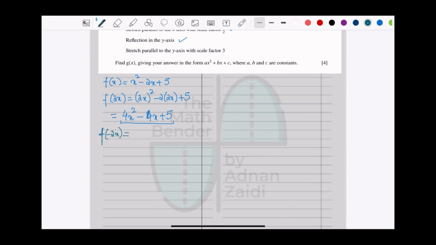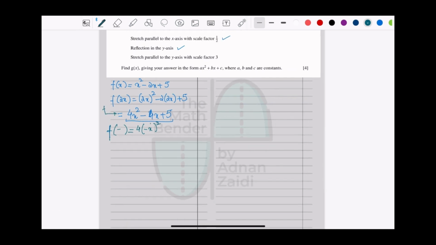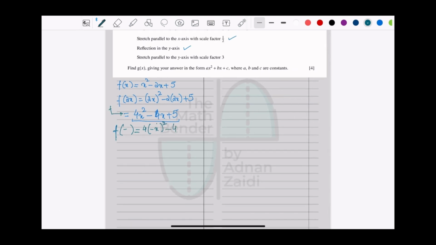So to avoid confusion, I'll write this as f of minus x, because now I'm taking this as f of x. So 4 times minus x squared minus 4 times minus x plus 5. This will become 4x squared plus 4x plus 5, because that will become positive.